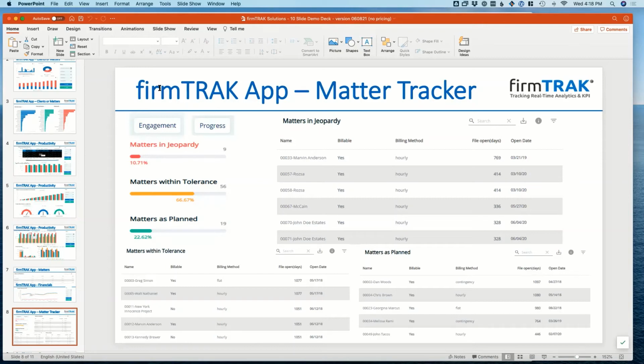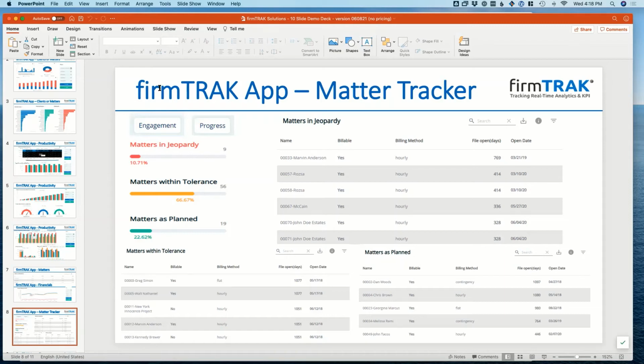So what I've developed here is Matter Tracker, which will continually scan your database. And in scanning the database, coming with the information out of your CRM, we identify those matters that are retained within the firm, but there are no time entries, there are no events, there are no invoices, and there are no tasks. Those would be considered matters in jeopardy.